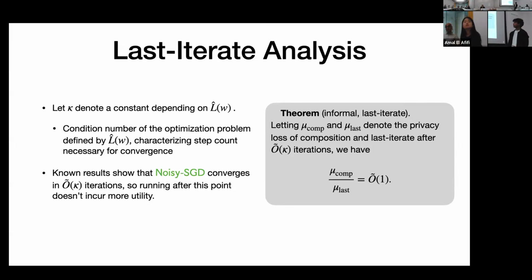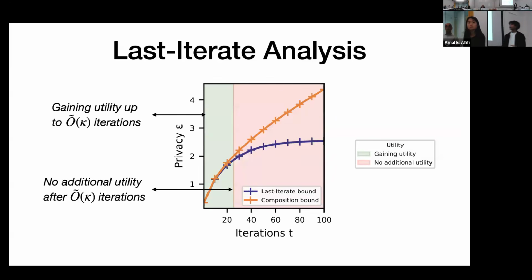It's possible to show, therefore, that the privacy loss that's incurred after about a linear number of iterations of the condition number is actually constant. The ratio between these two numbers is constant, which implies that the gap that we get between composition and this last iterate analysis is actually fairly small. Just to talk about this more illustratively, in terms of this graph, right?